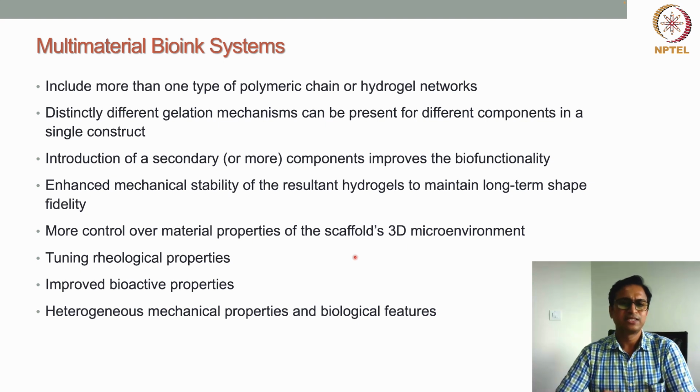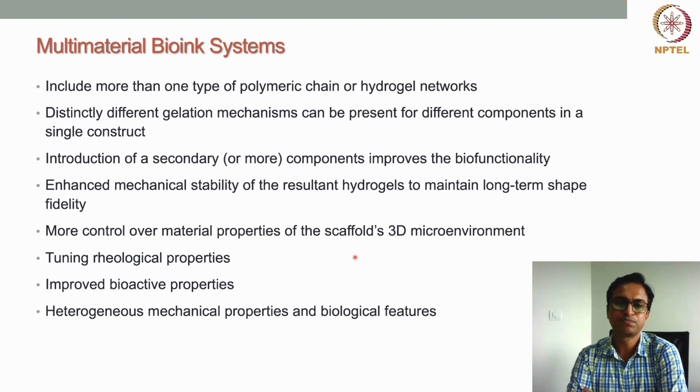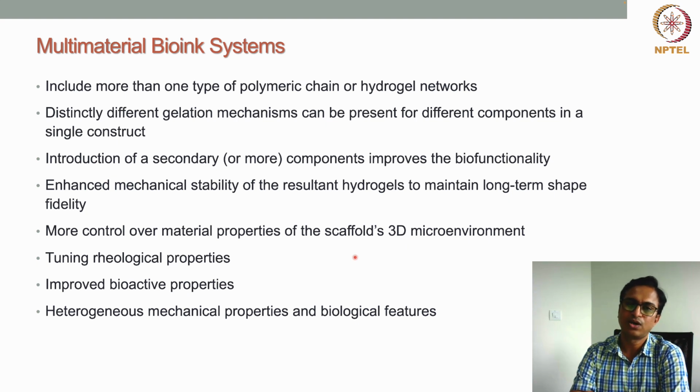Another important property of this multimaterial bioink system is that, because more than one type of polymer chain or hydrogel network is present, we can also work with distinctly different gelation mechanisms for different components in that bioink.